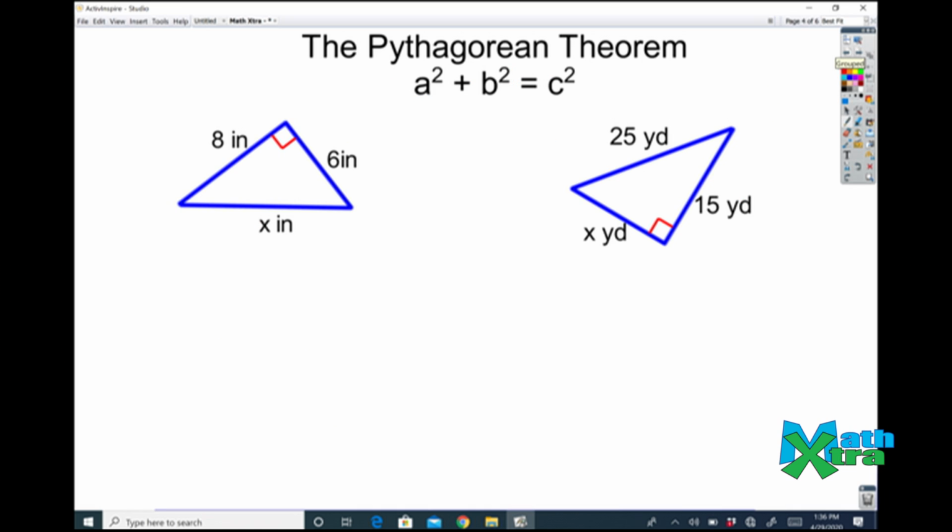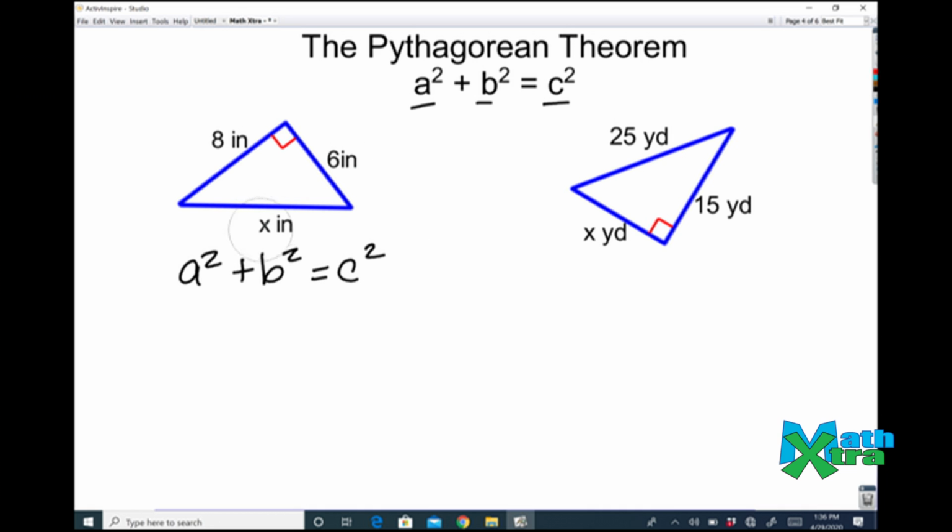So here we have the Pythagorean theorem: A squared plus B squared is equal to C squared, and we know why, which is amazing, okay? So if we have A squared plus B squared is equal to C squared, what is this missing side? Well, it looks like it's across from the right angle.